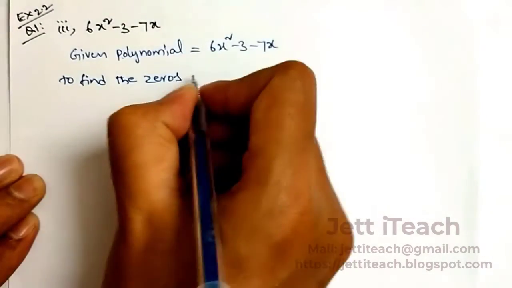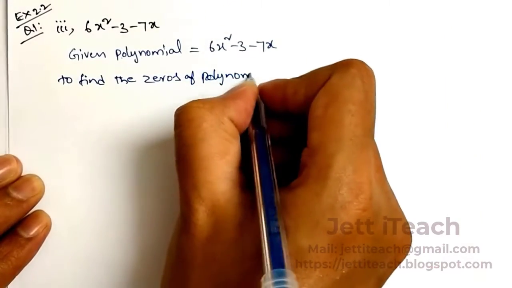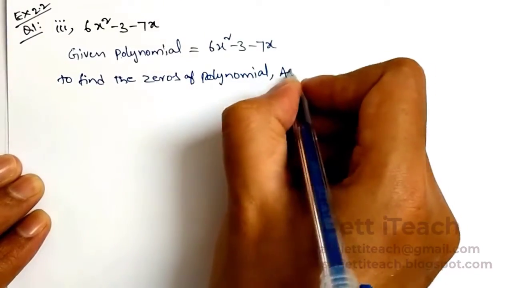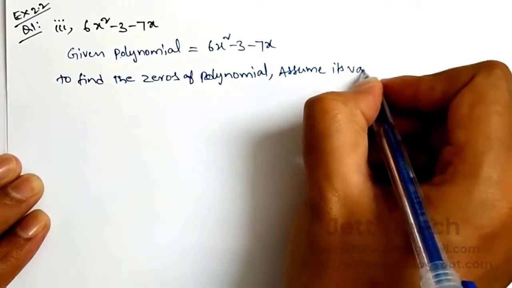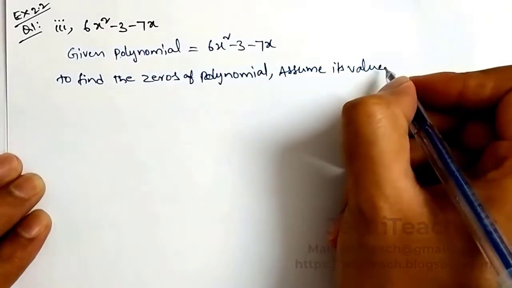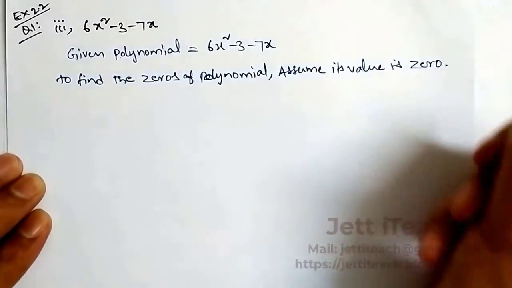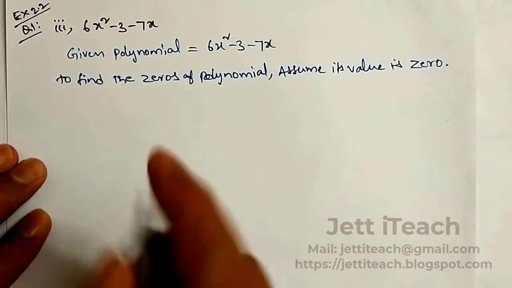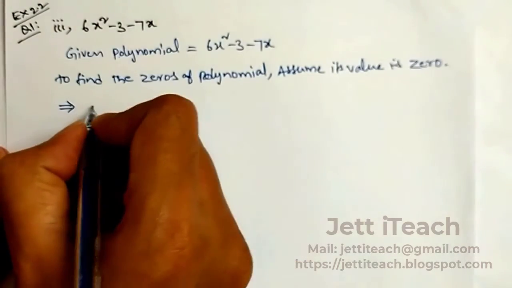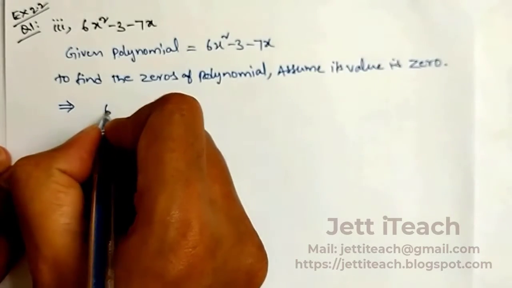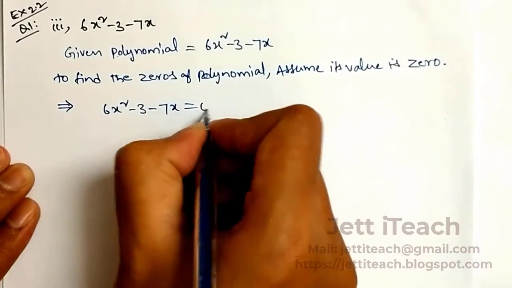To find the zeros of a polynomial, assume its value is 0. Now, 6x square minus 3 minus 7x is 0.